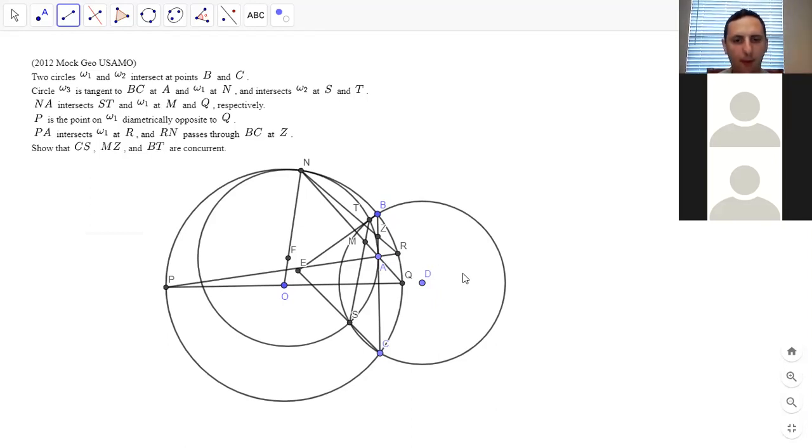Yeah, I'm not sure here. Let's see, I'm going back to trying to use Pappus. So what if we let Rn intersect? Looks like Animal had to hop off.